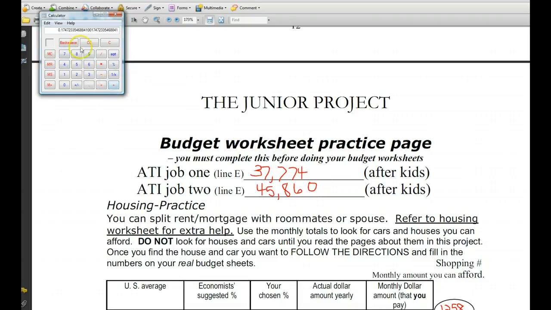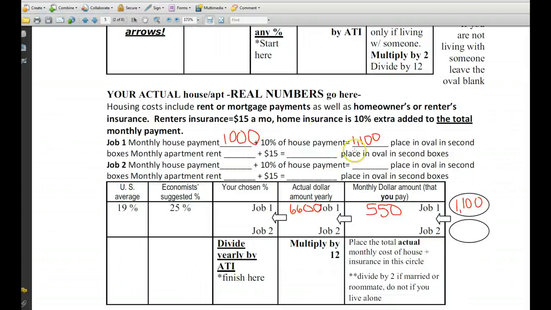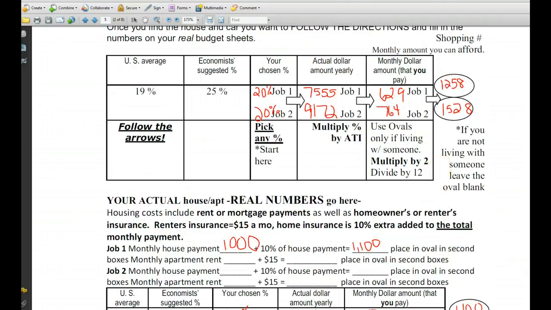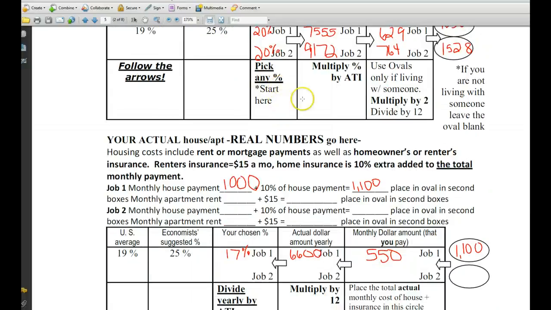That's going to give me a percentage. So it's 17%. My actual house is 17% of my income. We want you to be within 5% of your chosen, so that works. That house is okay.